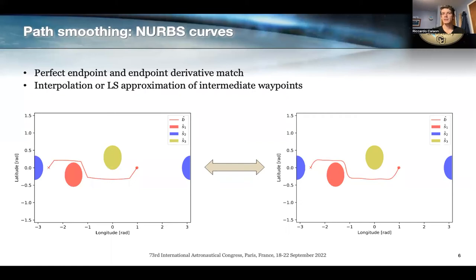We can see that this trajectory is piecewise linear, but it presents sharp corners that would be hard to track accurately for the spacecraft. Whereas the plot on the right shows the trajectory that is obtained using NURBS curves to interpolate that same sequence of attitude waypoints, and what we obtain here is a smooth reference trajectory that doesn't have those sharp corners anymore.